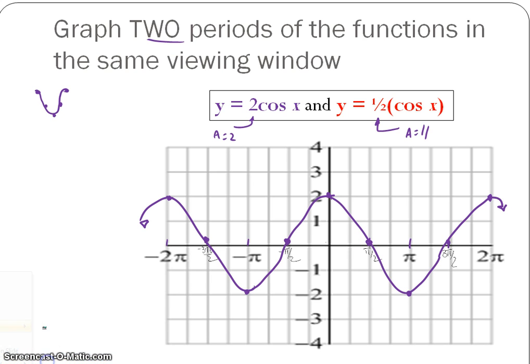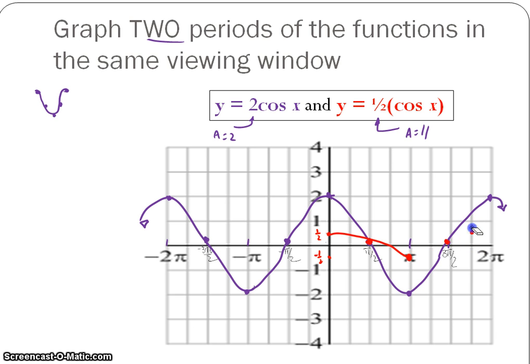So now let's do it with the amplitude of 1/2. It's going to look the same, but instead it's going to go up to 1/2 and just down to minus 1/2. So it starts at its max, goes to the midline, then to the min, then the midline, and then the max.